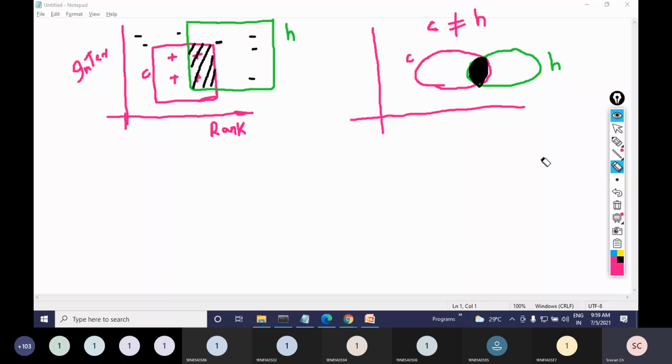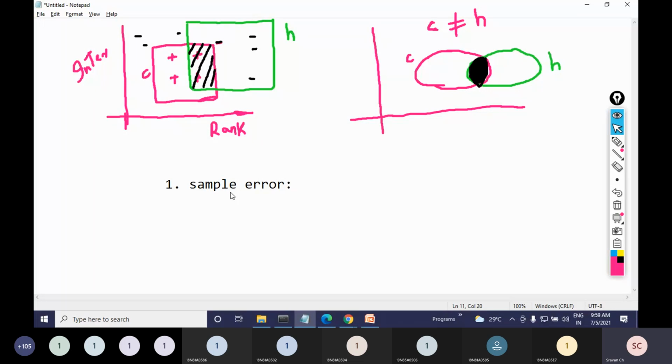Now what we need to do with PAC learning is, point number one, sample error. What is sample error? We have 14 records of training data.